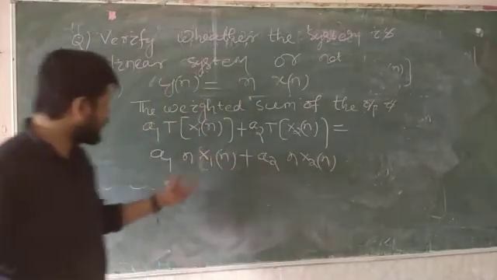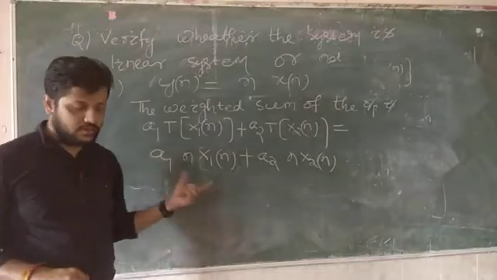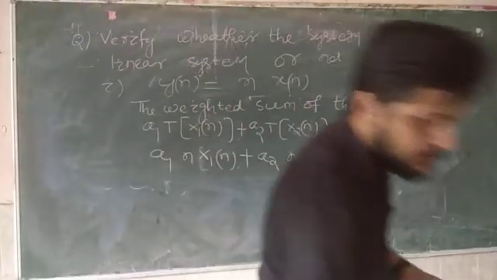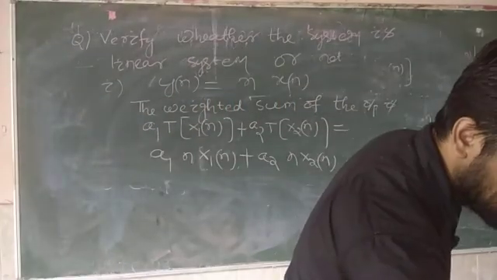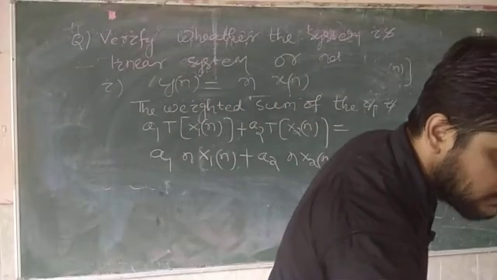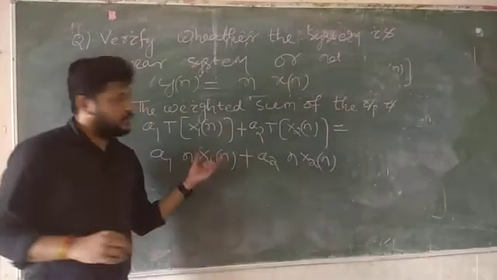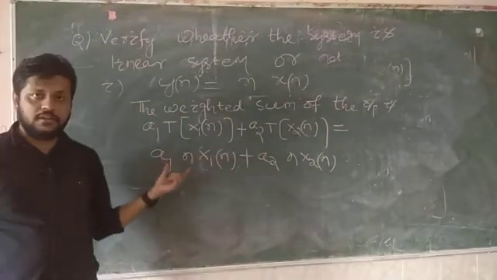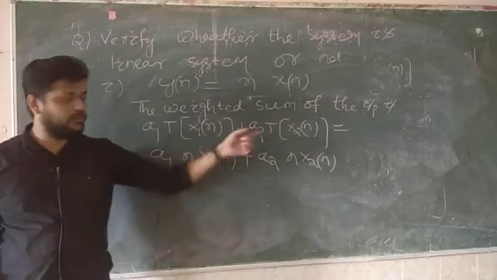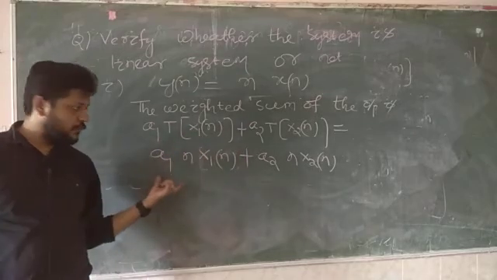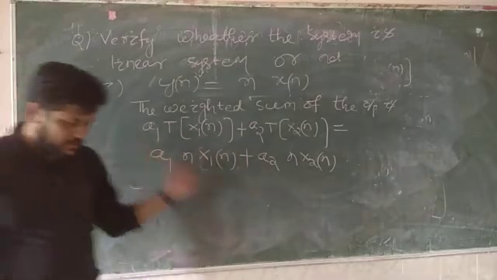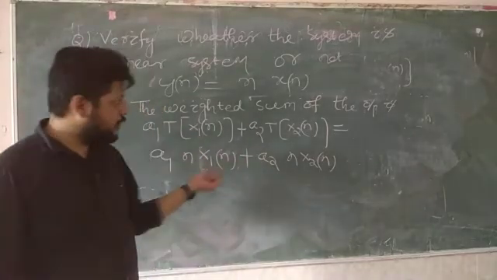So this is the weighted sum of responses. Individually I considered x1n and x2n, and after adding we get the result. So this is the weighted sum of individual responses.